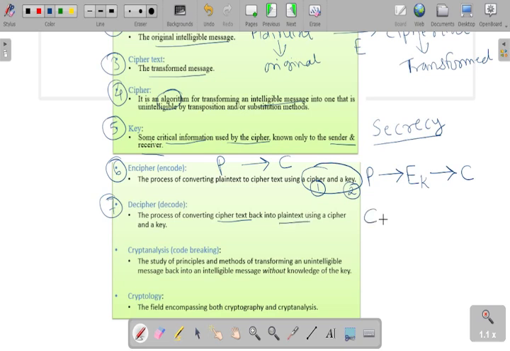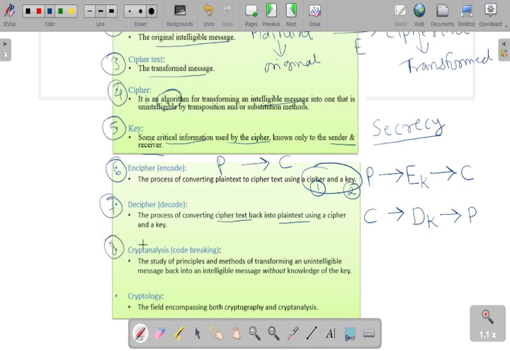Whenever we decrypt the data, we also require the cipher, that is our algorithm, as well as the key. So encipher, that is encryption, converts plain text into ciphertext, and decipher, that is decoding, is the process of converting ciphertext into plain text.